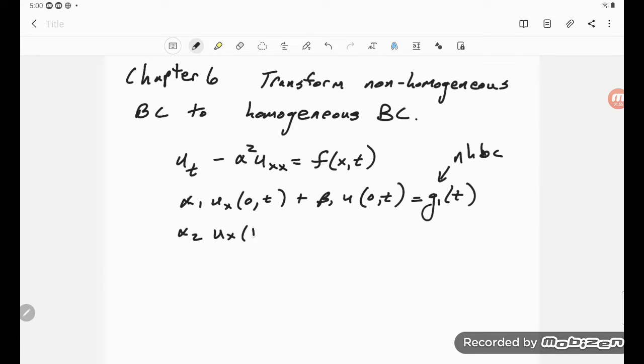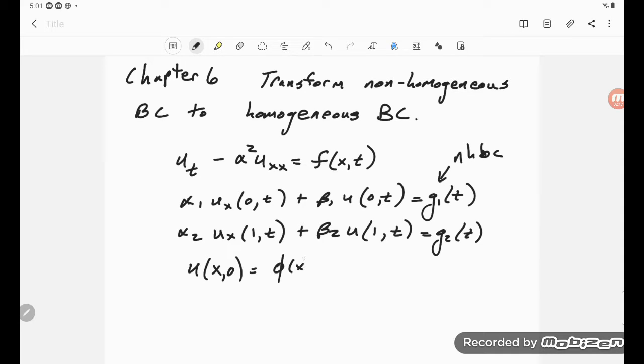Now they use an L, I'm just going to use a 1, plus beta 2 u of 1 and t equals g2 of t. And then an initial condition, u of x and 0 is some phi of x. Okay, so we would like to be able to solve this problem.